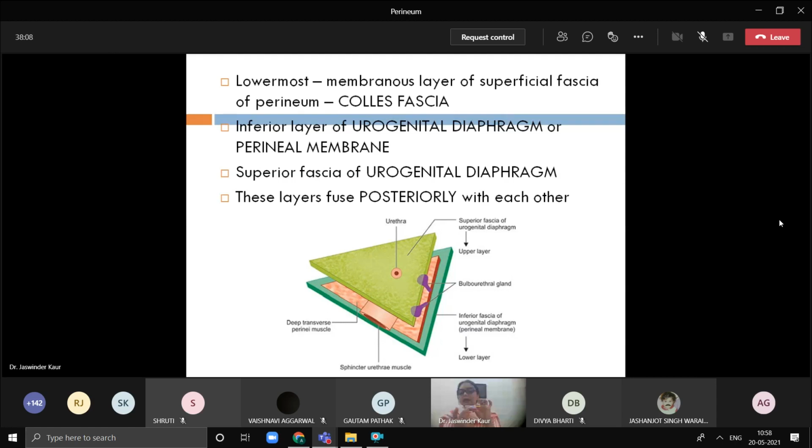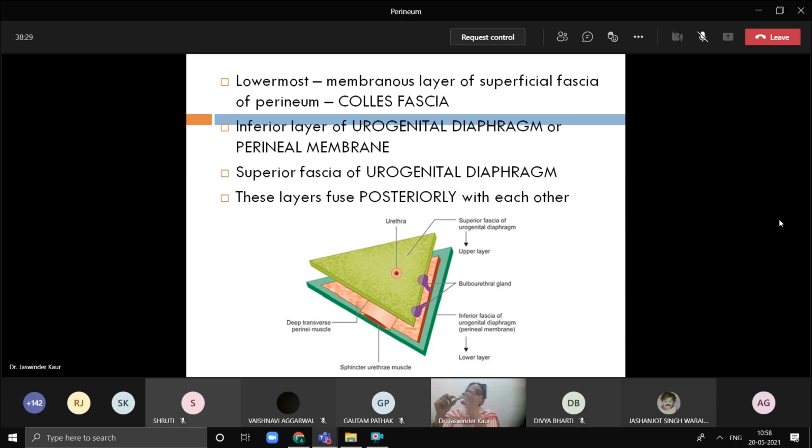Now this urogenital diaphragm is covered by 2 layers of endopelvic fascia. One is the superior layer and the other is the inferior layer, right? So in the center, this one is the urogenital diaphragm, enclosed by 2 layers of endopelvic fascia.